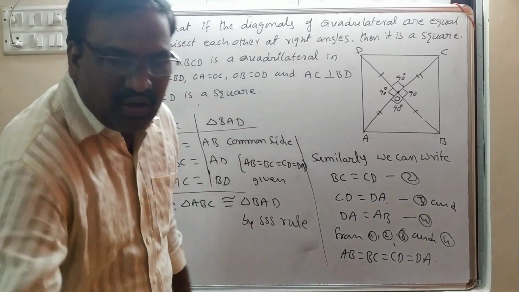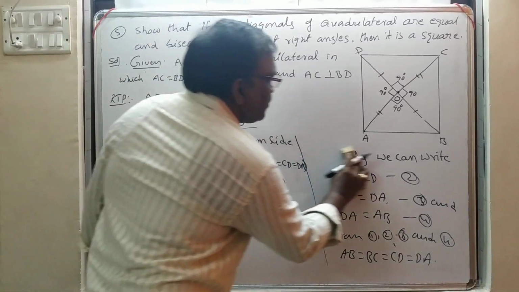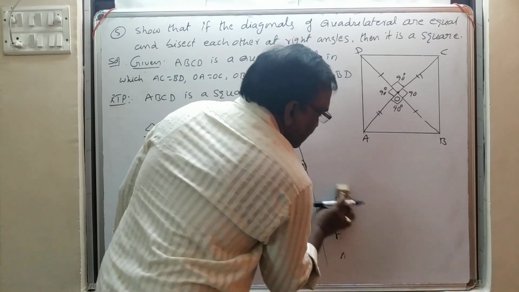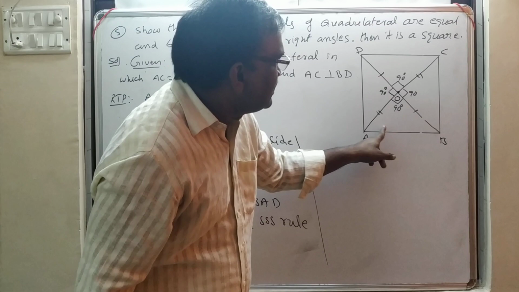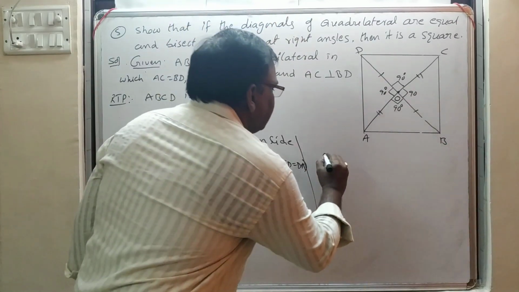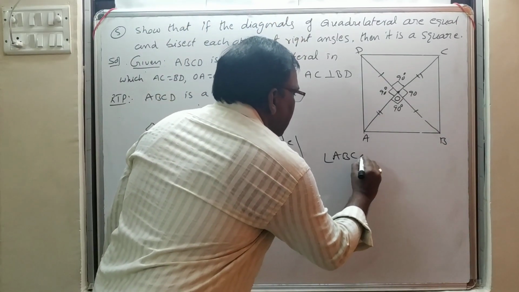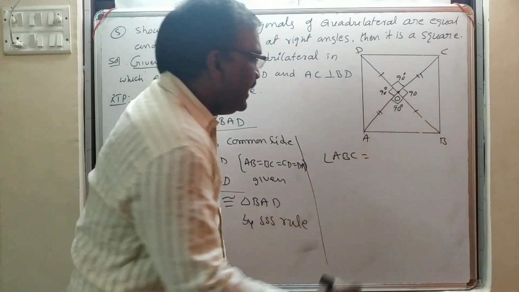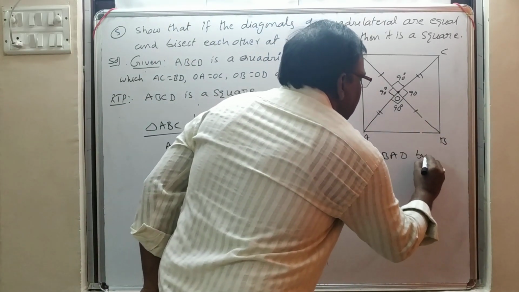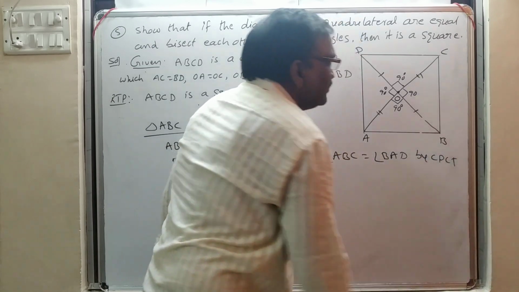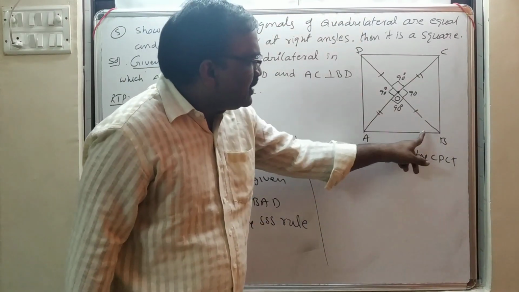Once the triangles are congruent, their corresponding angles are equal. Now what are corresponding angles? These are corresponding angles. So angle ABC is equal to angle BAD by CPCT.